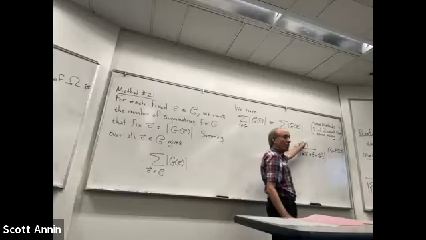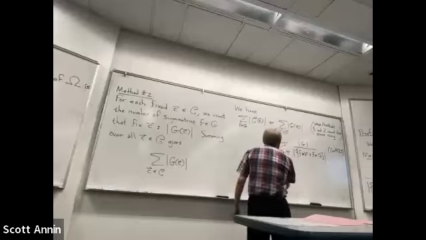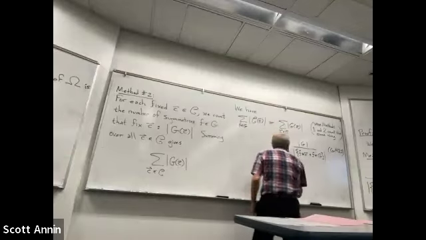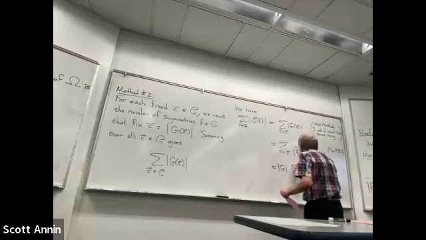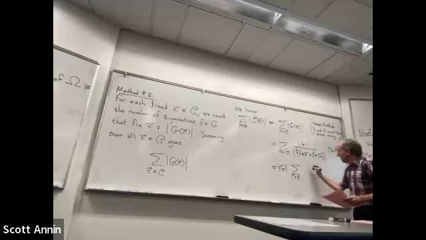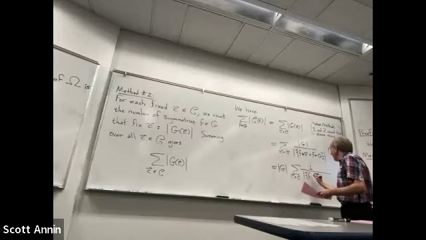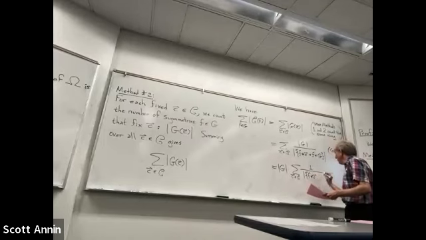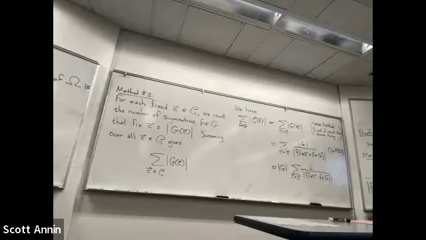This size of G is a constant that can be pulled out of the summation. So I'm going to pull the size of G out of the summation completely, leaving me with just the summation over the colorings C of 1 over the size of the set of F star C such that F is in G. Okay.